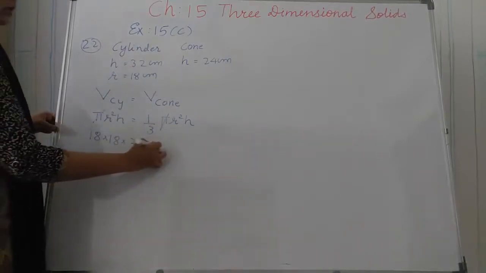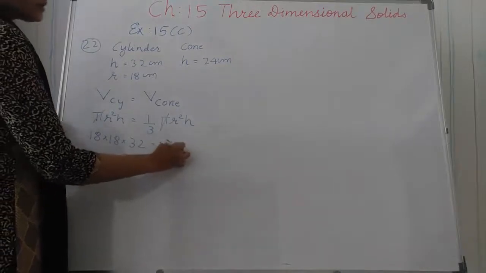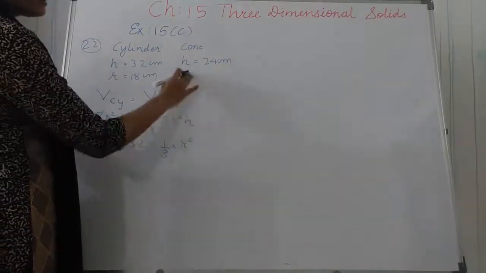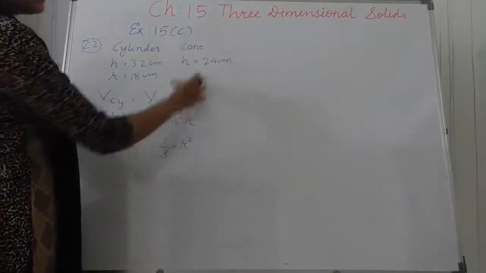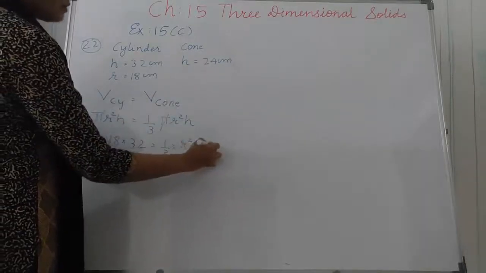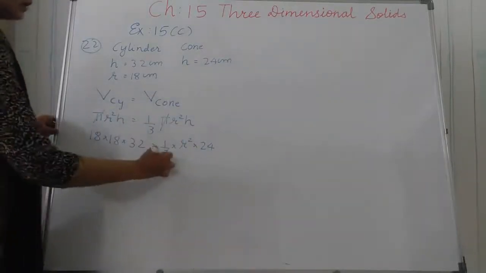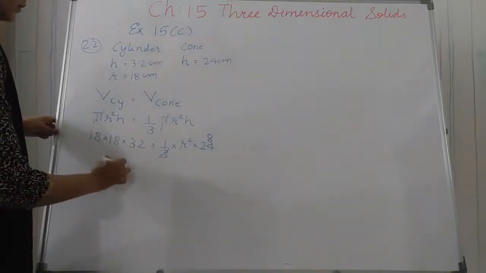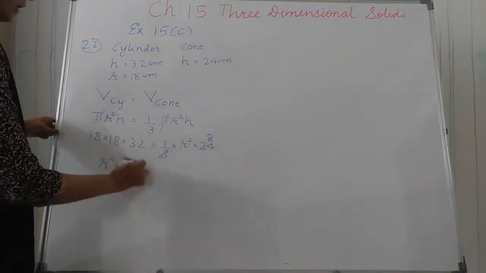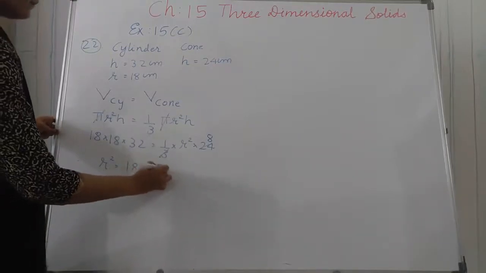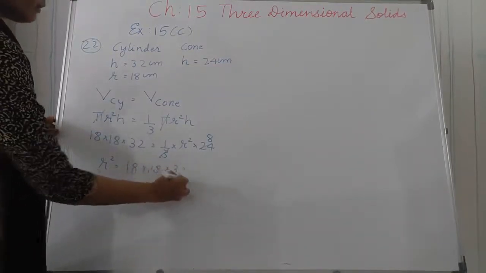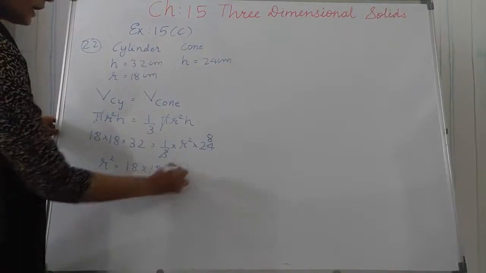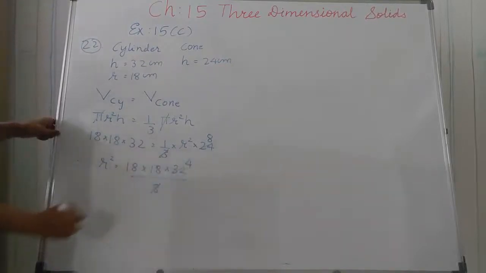We substitute. Then 1 by 3, radius we don't know. We have to find the cone radius. Height is given 24. Substituting. So here 8 3s are 24. Therefore, r square is equal to, this 8 will go in denominator. So 18 into 18 into 32 divided by 8. So 8 4s are 32.